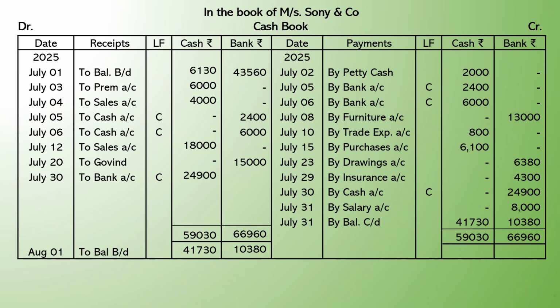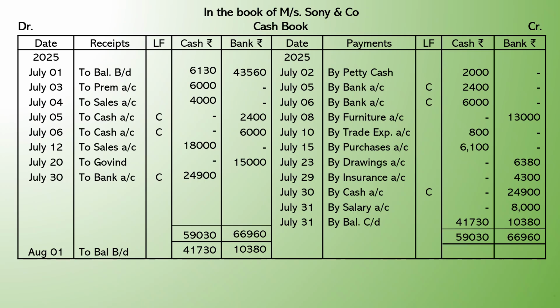Cash paid to petty cashier 2,000 rupees, payment, enter on credit side, cash column. 3rd July. Received check from Prem 6,000 rupees, receipt, enter on debit side, cash column, as the check is not deposited into the bank account. 4th July, cash sales 4,000 rupees, receipt, enter on debit side, cash column.